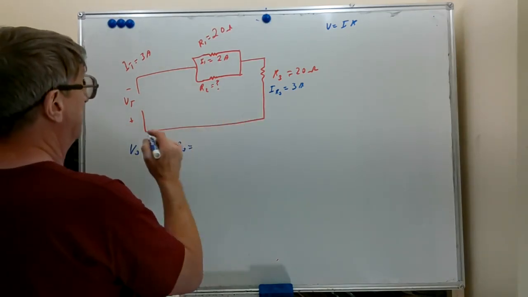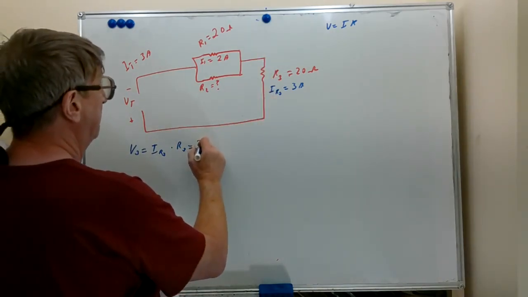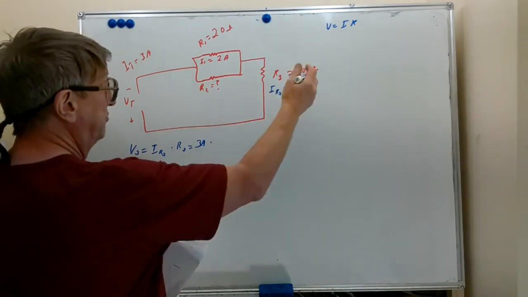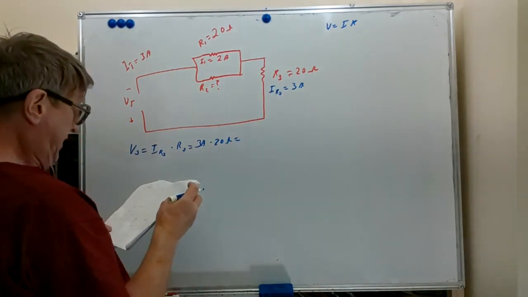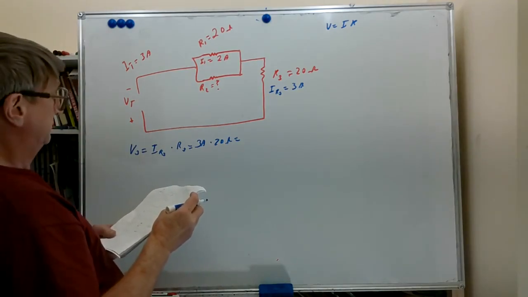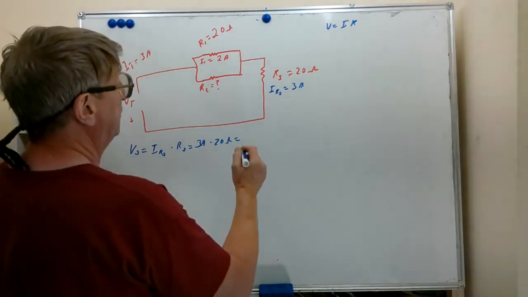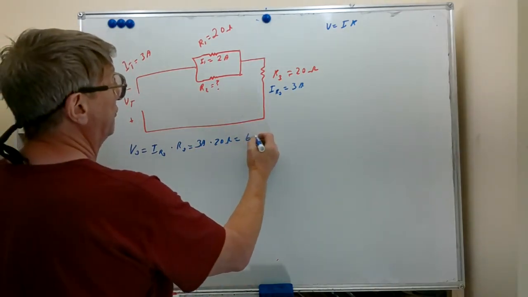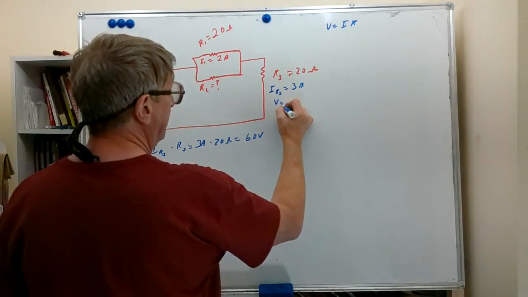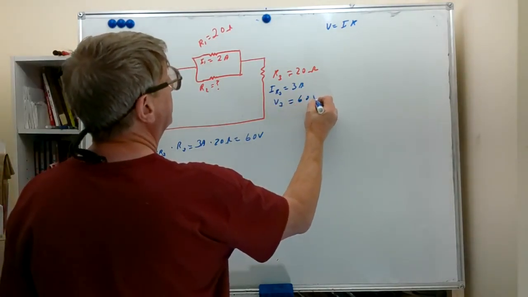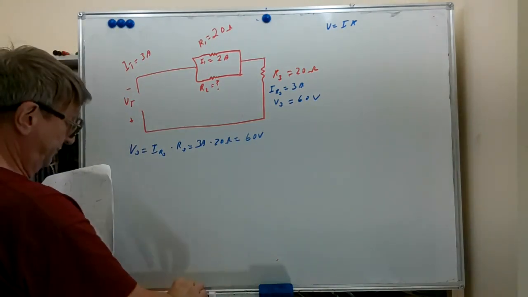Now let's substitute in our known values. We have 3 amps times R3, 20 ohms, which gives us 60 volts. 3 times 20, 60 volts. So V3 is equal to 60 volts. Well, that's nice. We got one of the voltages down.